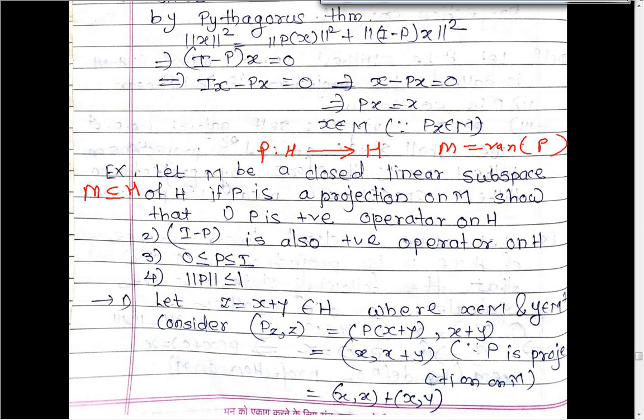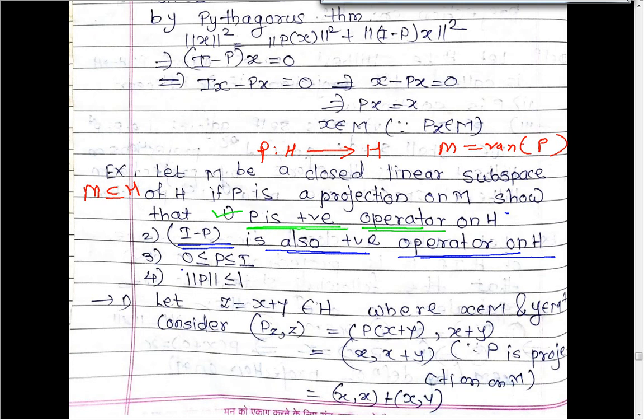Then these properties are true. First, P is positive operator on H. Second property, I minus P is also positive operator on H. Recall that P is projection on M if and only if I minus P is projection on M perpendicular. So by using that result, we immediately get the second property from first once we prove.